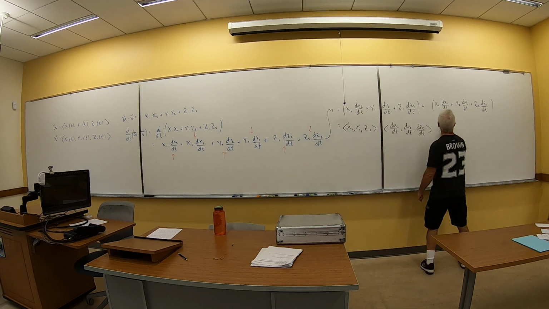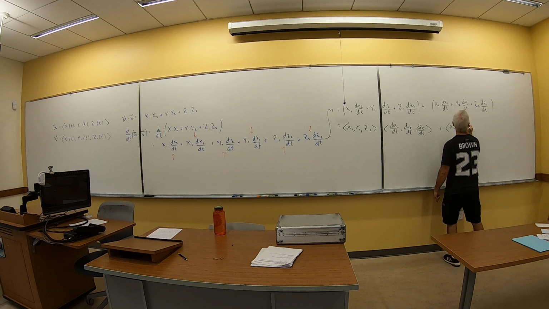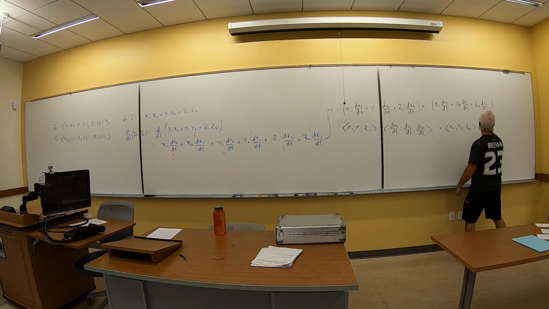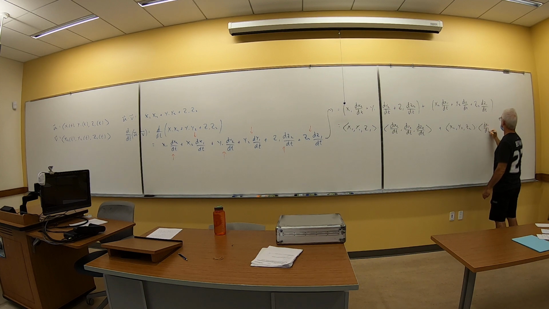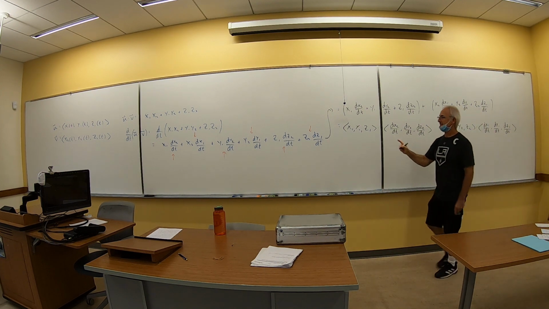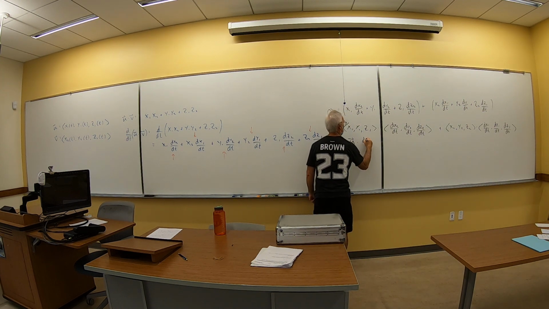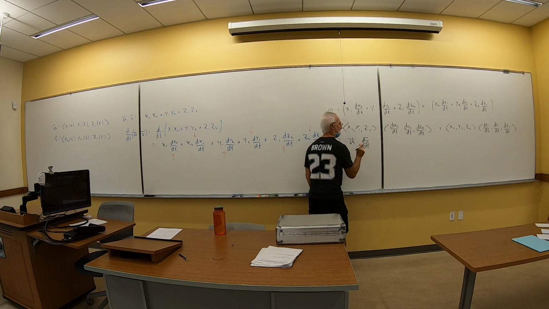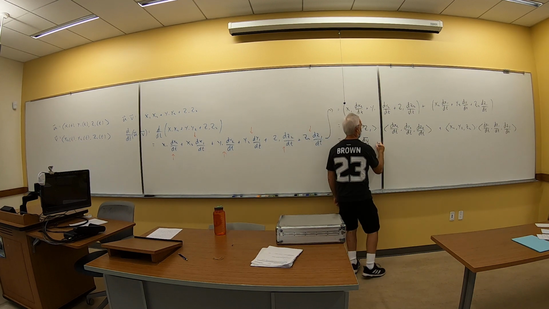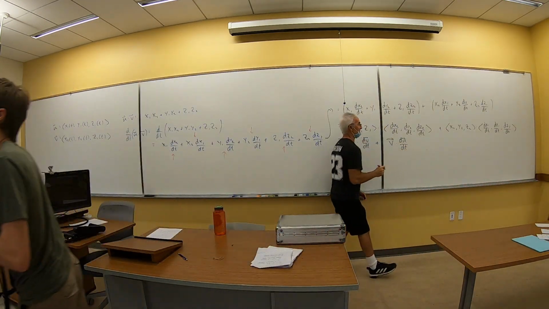And then the second one would be (x2, y2, z2) dotted with (dx1/dt, dy1/dt, dz1/dt), which means this is u dotted with dv/dt plus v dotted with du/dt. Can we all see that?